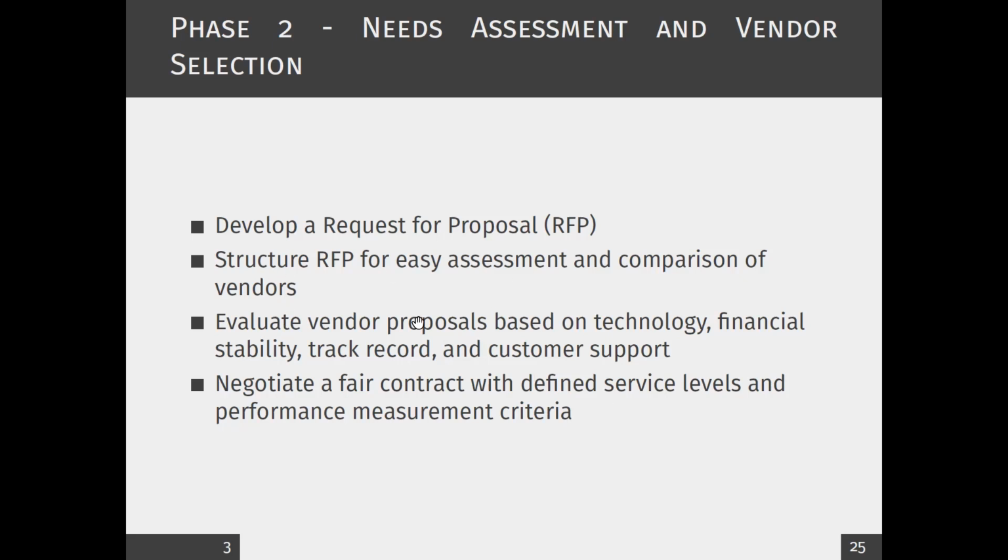Now, once you do that, you have to evaluate the proposals, right? Because what happens is you create a proposal and you send it to the vendors. So you can look for different places, for example, in our case, at SLTC, what we tried to do was contact a couple of solution providers.